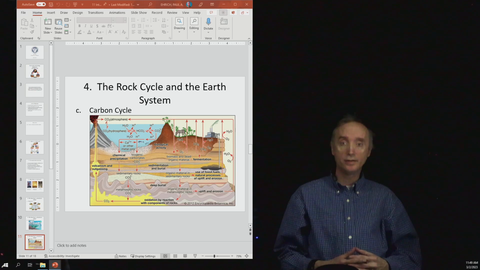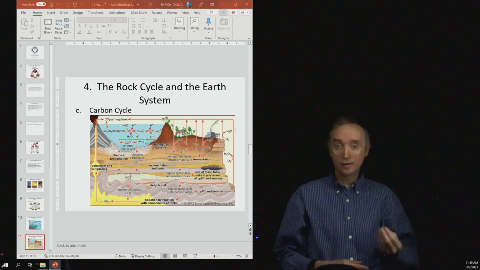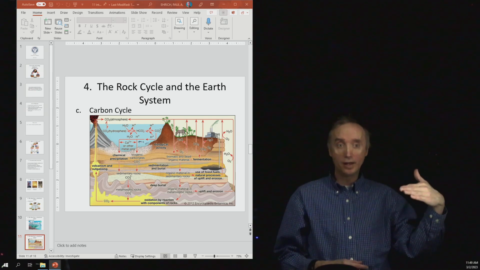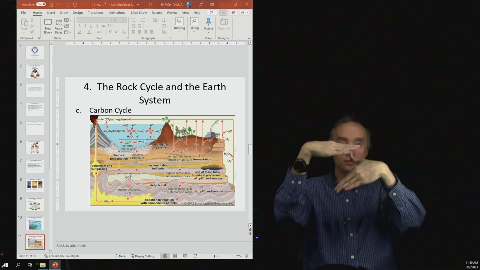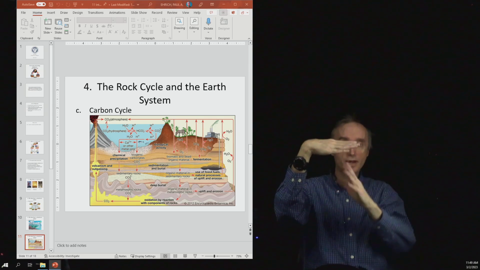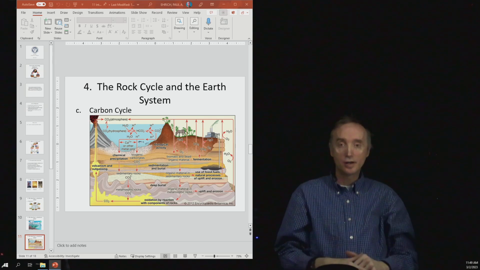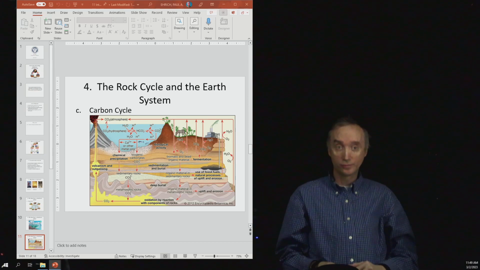As it rains, it will collect some of that carbon dioxide. That carbon dioxide could go into the oceans and combine with the ocean water to make limestone. Then the limestone could be on a plate that is being subducted, and then the plate melts, and the carbon dioxide comes back out the volcano again.